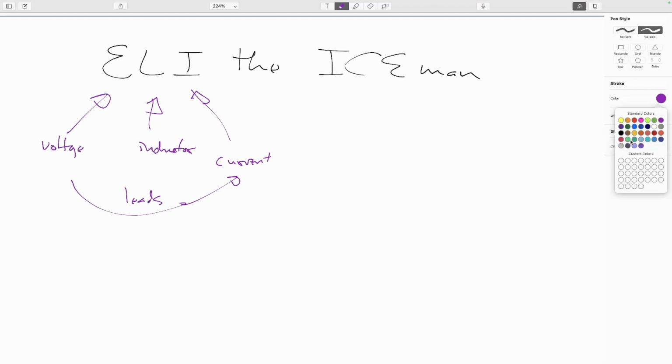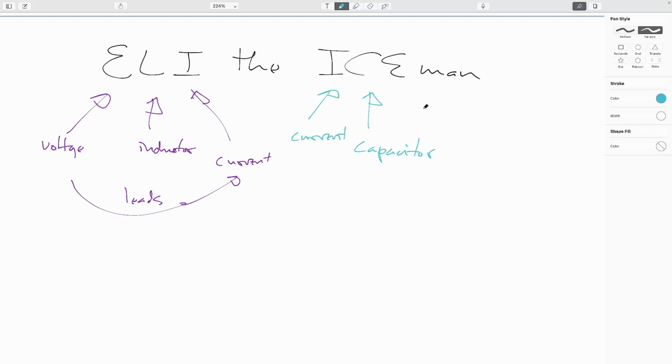Similarly, if I look at ICE here, the C is for capacitor. The I is for current. Again, the script E is EMF, but it's to remind us that's voltage. And here the current leads the voltage.